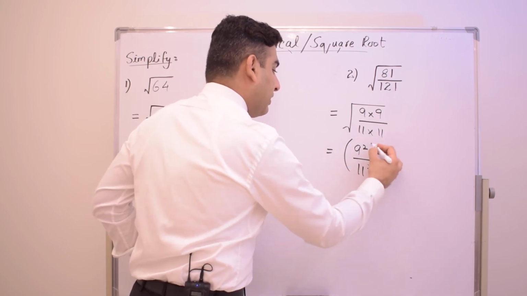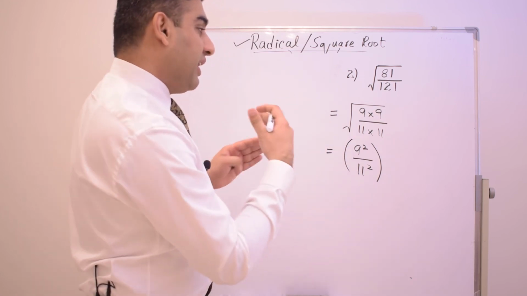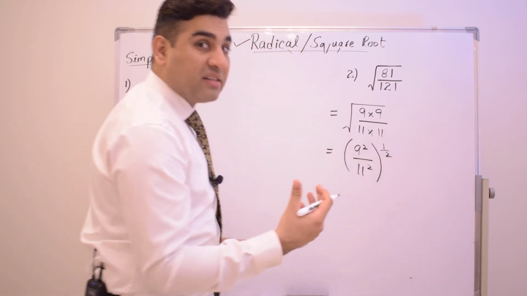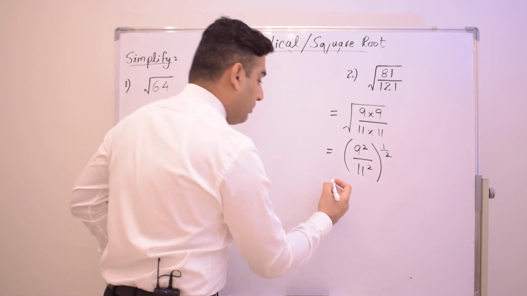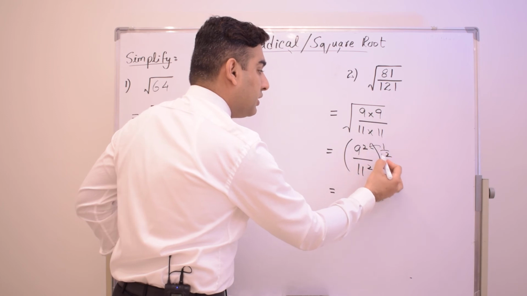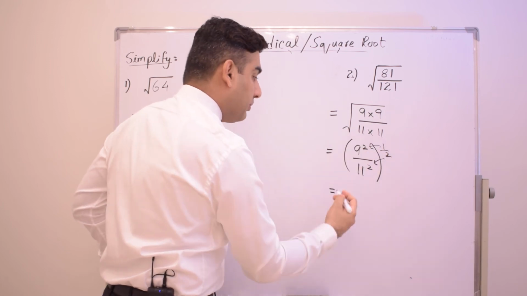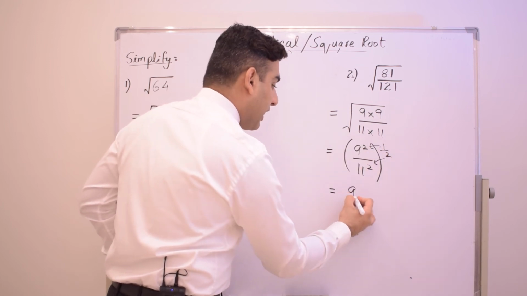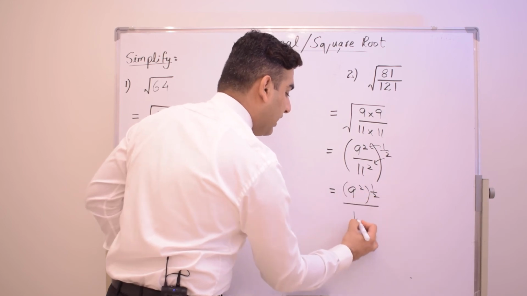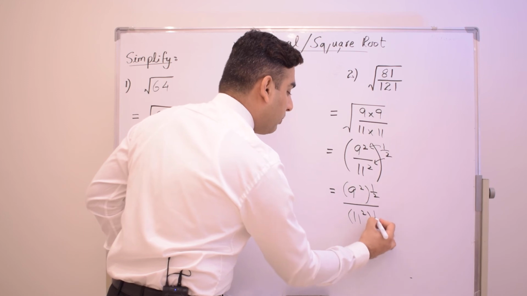For your better understanding, I am going to shift the radical symbol into its value, that is 1 over 2, so that you completely understand what radical means. Now I can distribute the power to each place. So 9 power 2 whole power 1 over 2, and 11 power 2 whole power 1 over 2.